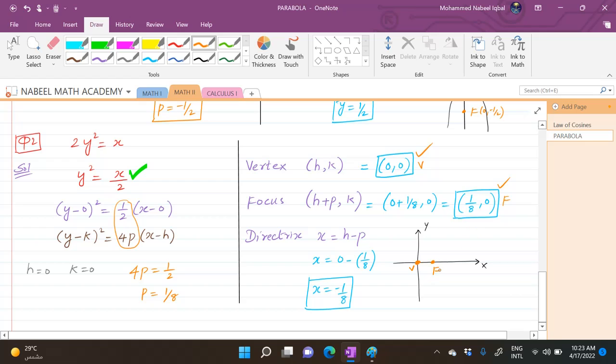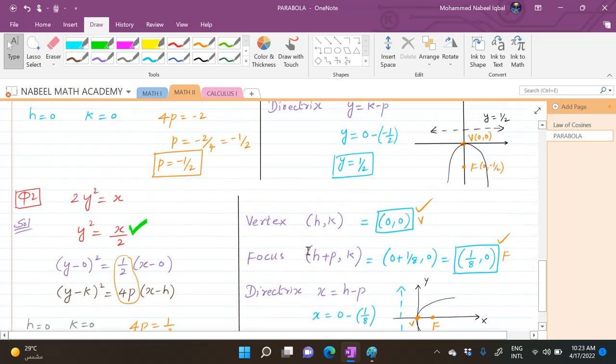This is F. Wherever the focus is, the parabola opens on that side. So therefore it opens in the x direction. And what about the directrix? x equals minus 1 over 8. So that's what we will draw in the graph here. The vertex and focus are always inside, the directrix is always outside.